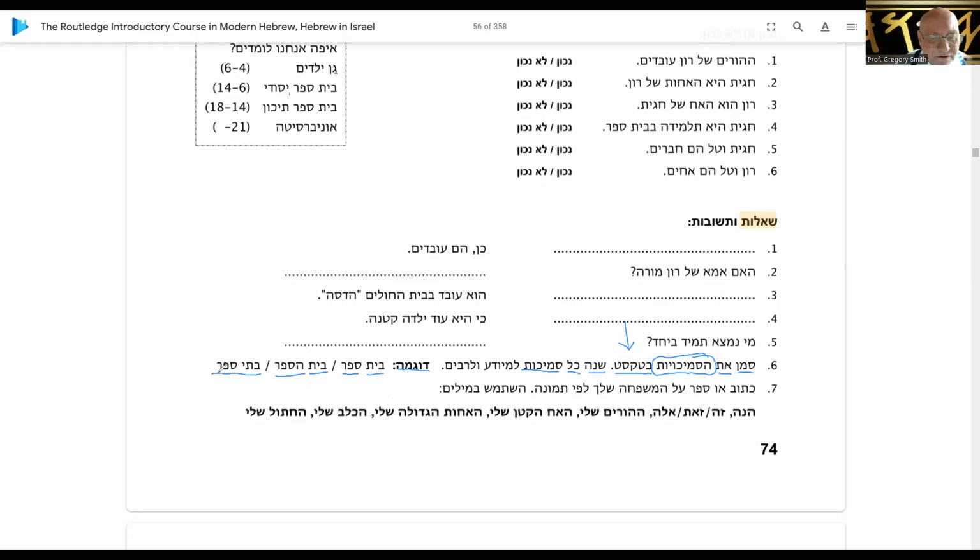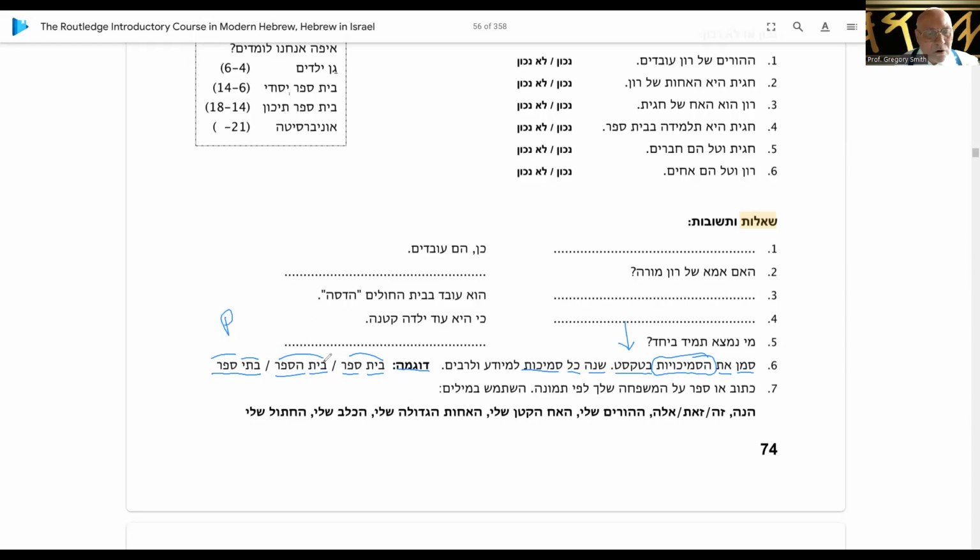And then Batei Sefer. Okay, so this is an illustration. Beit Sefer is like a school. Beit HaSefer is the school. Batei Sefer, I think it's my daughter's school, or book. Yeah, Batei Sefer, okay, that's multiple schools, so this is plural.